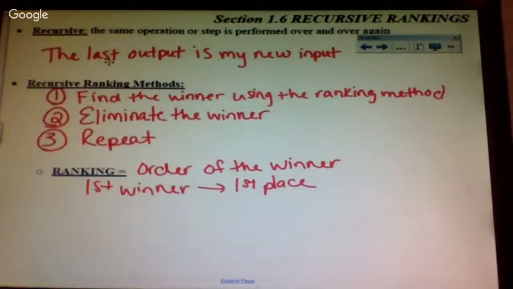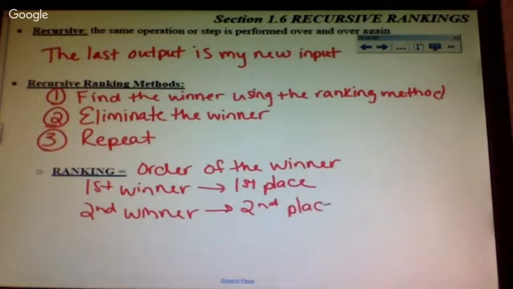When I repeat and do it again, my second winner is in second place, etc. We keep moving on until we have ranked everyone. You don't stop this until everyone is ranked.